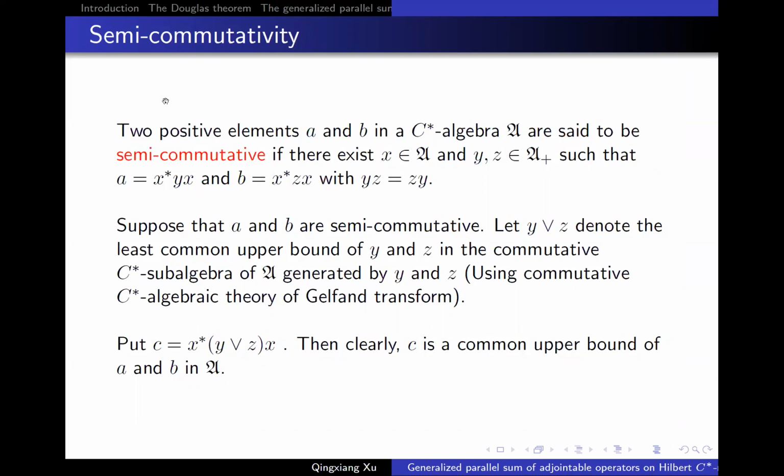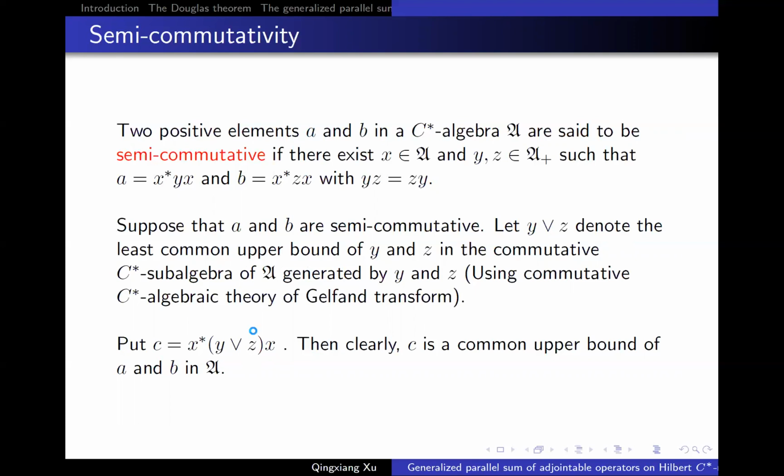And with the introduction of semi-commutative, we construct a common bound C like this. Here, this is the element in the C star subalgebra generated by Y and Z. Because Y and Z are commutative, this C star subalgebra is commutative, and in a commutative C star algebra, everything can be considered as continuous functions. So it is easy to prove that there exists at least a bound of Y and Z. So this is the main idea.